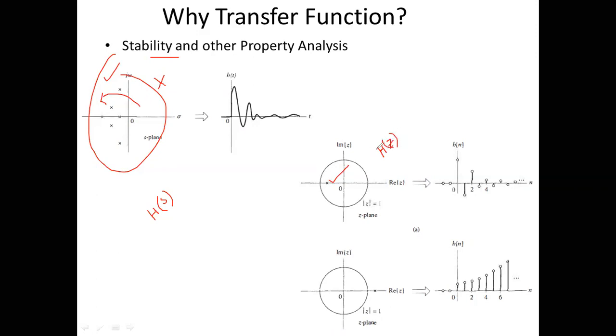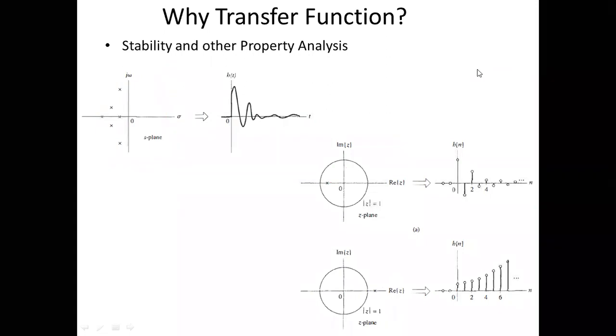Now the rule is, if the pole lies inside the circle, then the system is stable. If the pole lies outside the circle, then the system may be unstable. For a causal system, poles inside the circle mean it is stable; poles outside mean it is unstable. Got this. So to be able to find the poles, you have to have the transfer function.